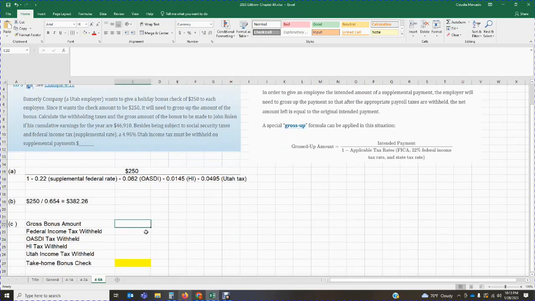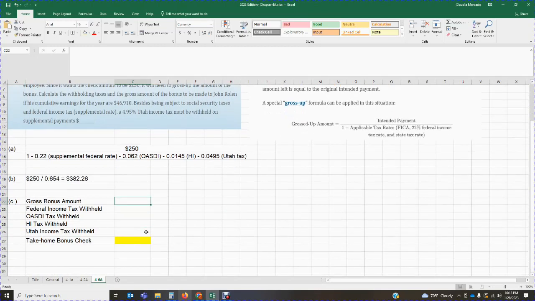So let's make sure. This third part is just to make sure that we did things correctly. According to our calculation, our gross up amount is $382.26.